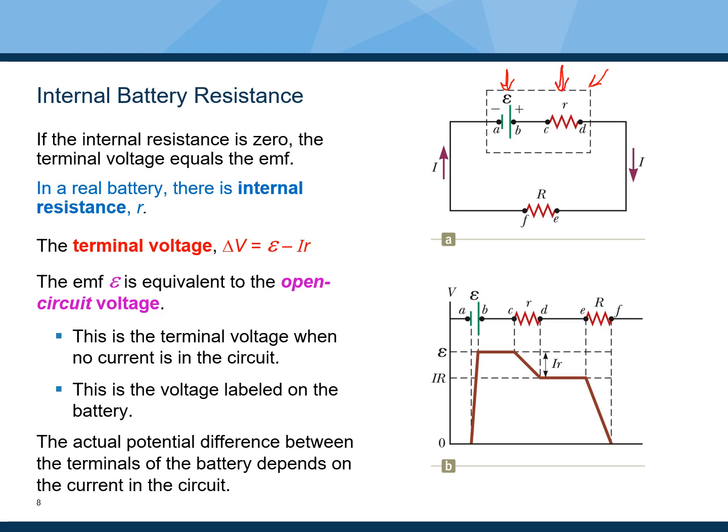And so, when you send an amount of current I through this real battery, the potential drop between C and D is just given by the internal resistance little r times the current I. And therefore, the potential difference that you see across the true ends of the battery is just reduced from the idealized voltage of the battery by an amount given by E minus I times r.